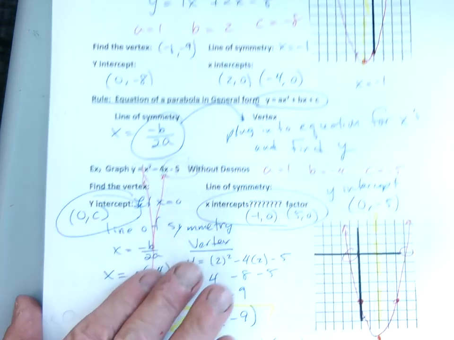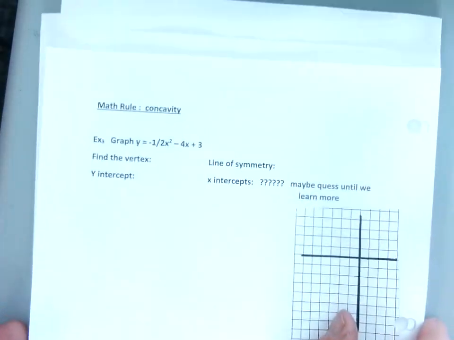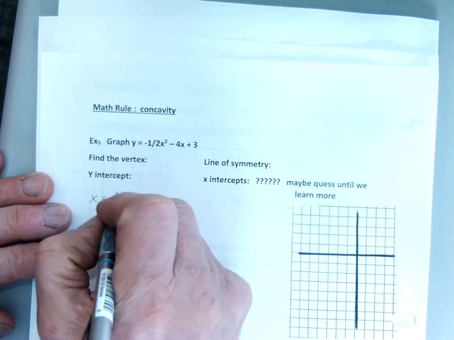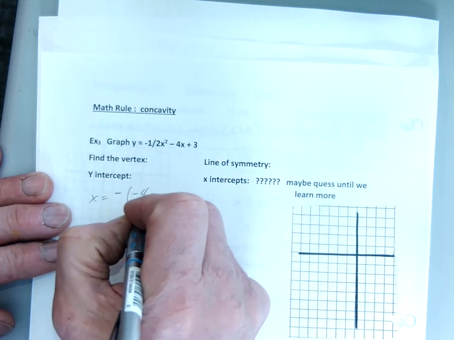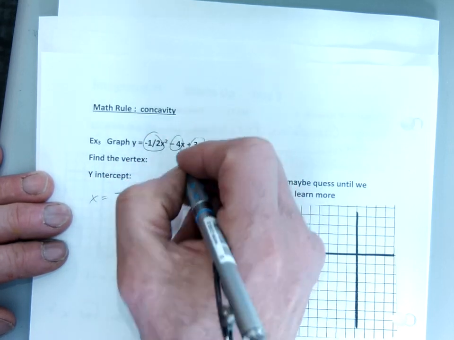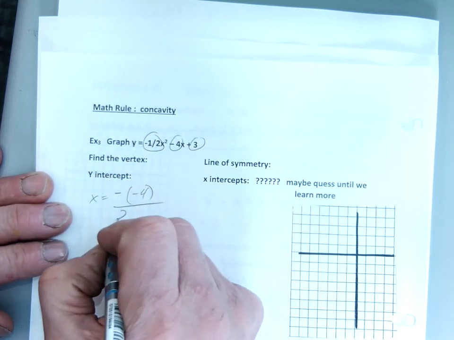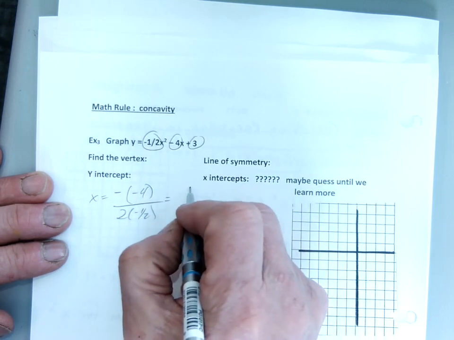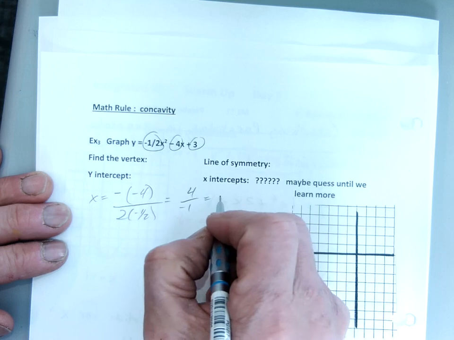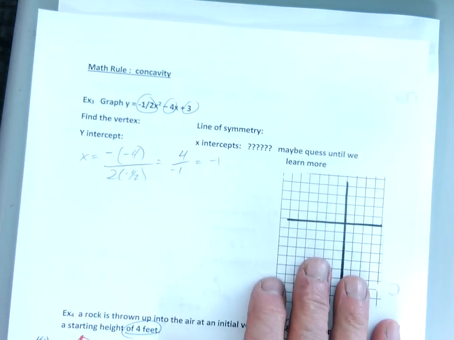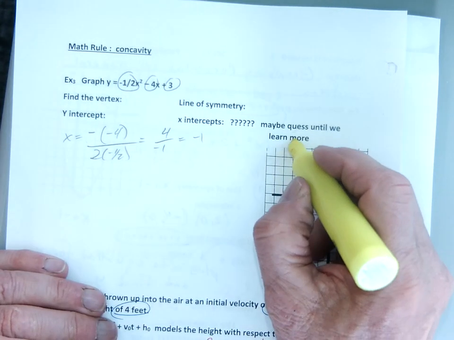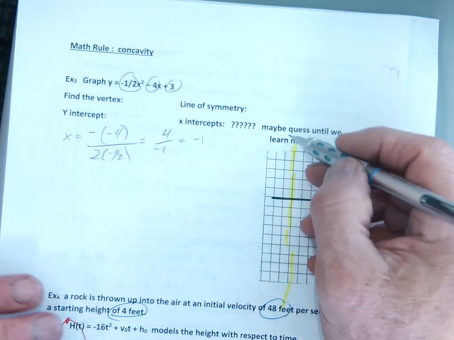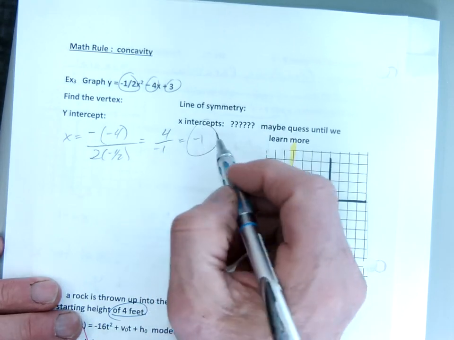Okay. Now on the back side, I did not do this one in class, but I could do it real quickly. The vertex, again, negative b over 2a. So I'm going to do my -4 over 2 times a, which is my -1/2, which is a positive 4 over a -1, which is a -4. So I have a line of symmetry at -4. I know that the vertex lies along this line, so I have to plug in my -1.